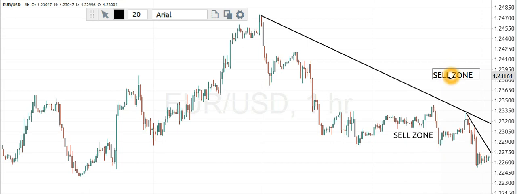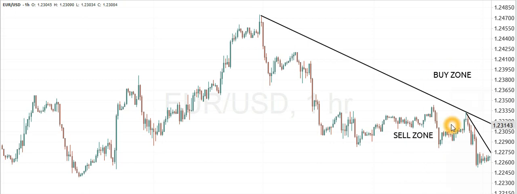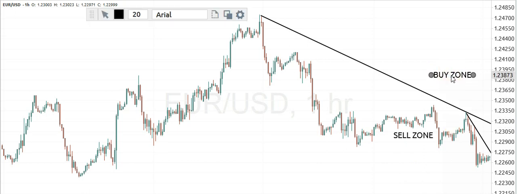Once the market crosses over here, then my focus is on buying. A simple methodology like this will help you to monitor the movement of the market and know when to buy and when to sell.